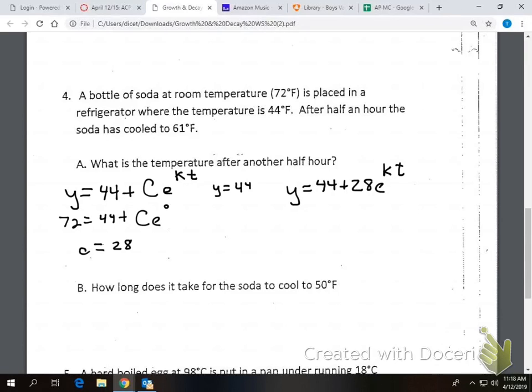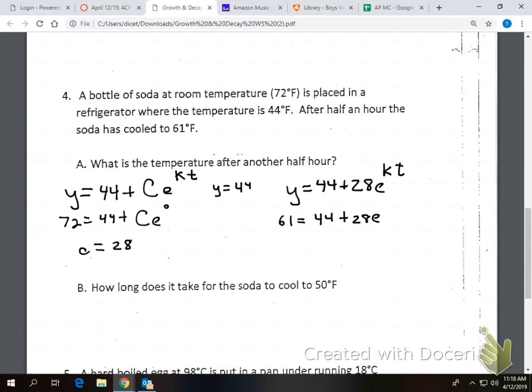After half an hour, the soda is 61 degrees. So the soda is 61, which is equal to 44 plus 28 e to the kt.